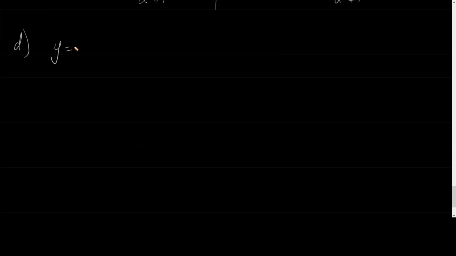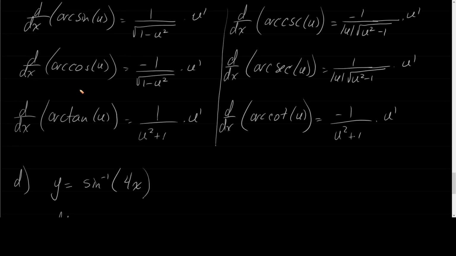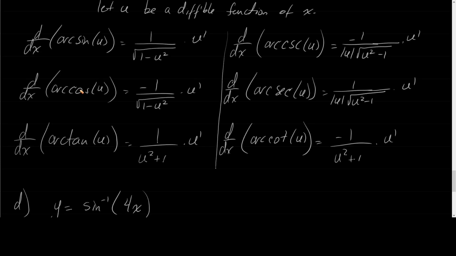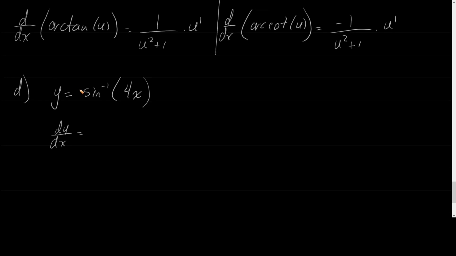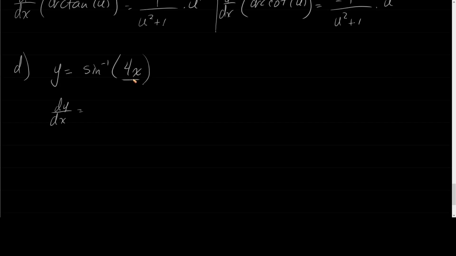Let y be equal to sine inverse of 4x. What would its derivative be? Then dy/dx would be, let's look at the formula. It was 1 over the square root of 1 minus u squared. This is our u.